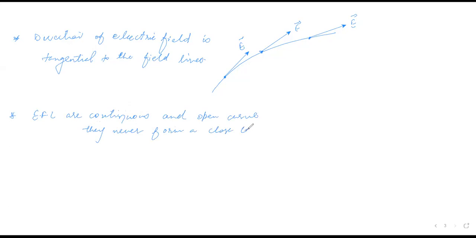They never form a closed loop. Are you clear? Electric field lines are always like this curve. It is not possible like this. You can look at this position, it is a discontinuity. Are you clear or not? It is not possible, and this one is possible. Note it down.